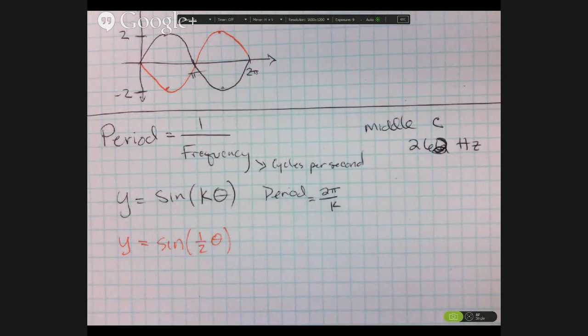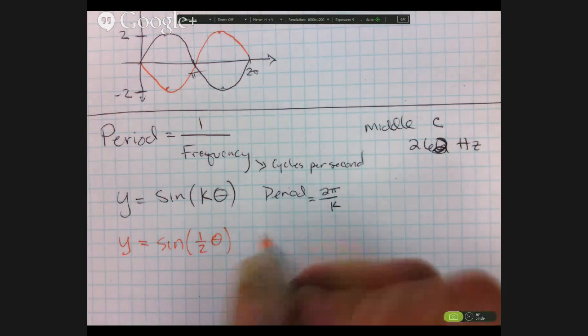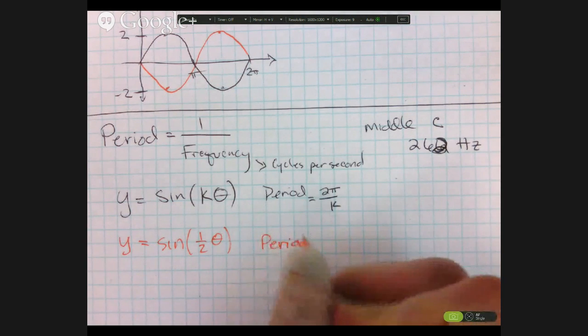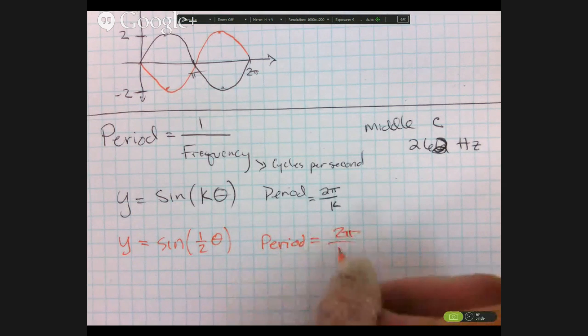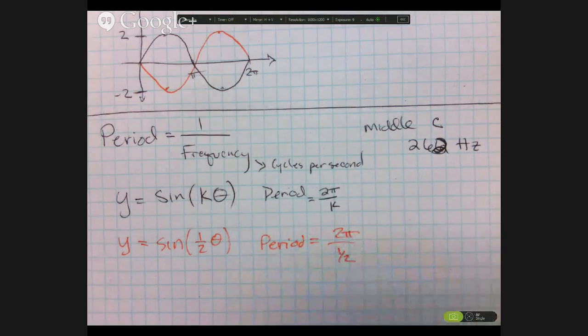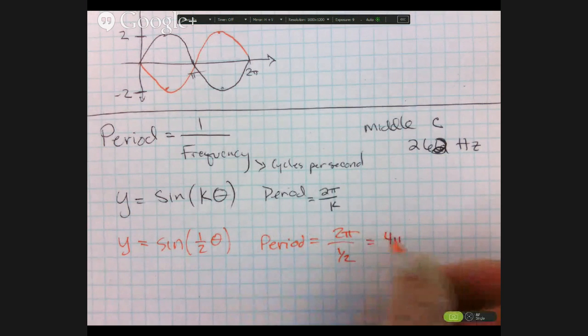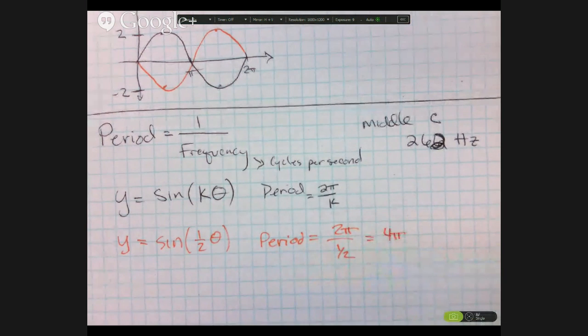Yep. So what's the period? Remember copy, dot, flip. It's like 2 pi times 2 is what it is. Oh, 1/2. 1/2. Okay.